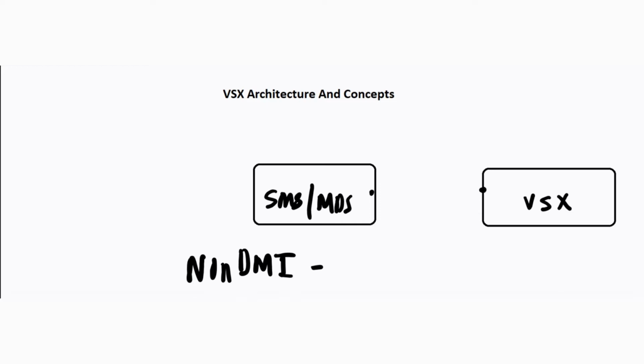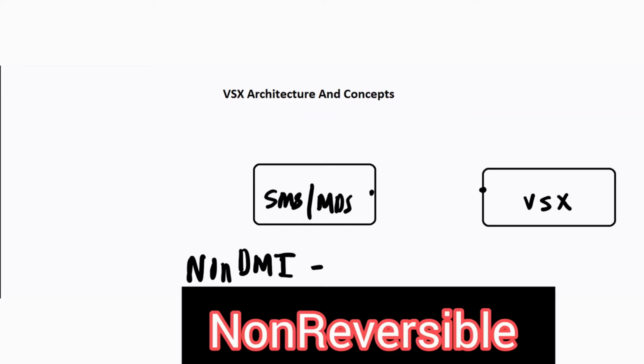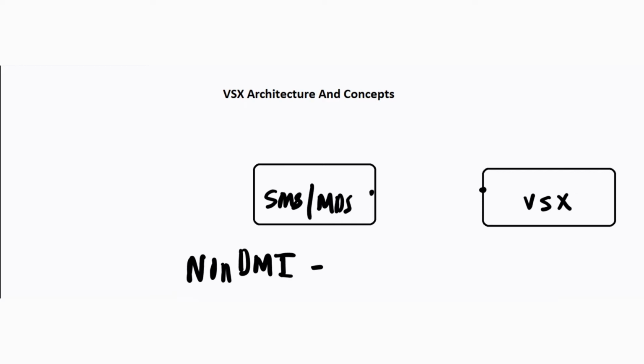Number 4, and the important one: the non-dedicated management interface is irreversible. You cannot change from a non-DMI VSX gateway to a DMI VSX gateway. Once you configure your interface for the management traffic from VSX to the MDS using non-DMI, that will be permanent.